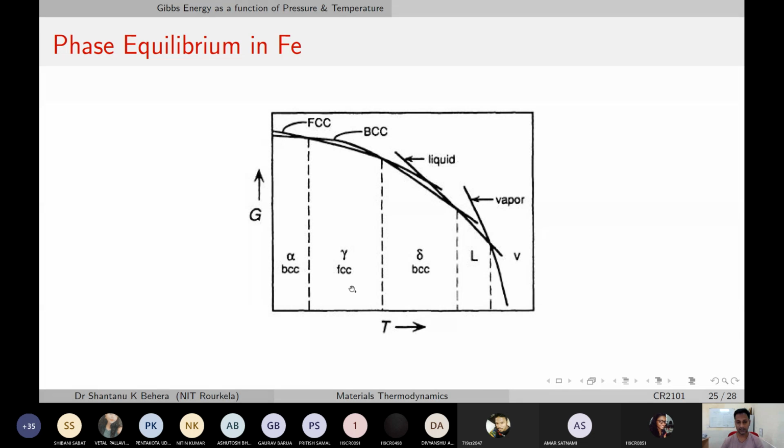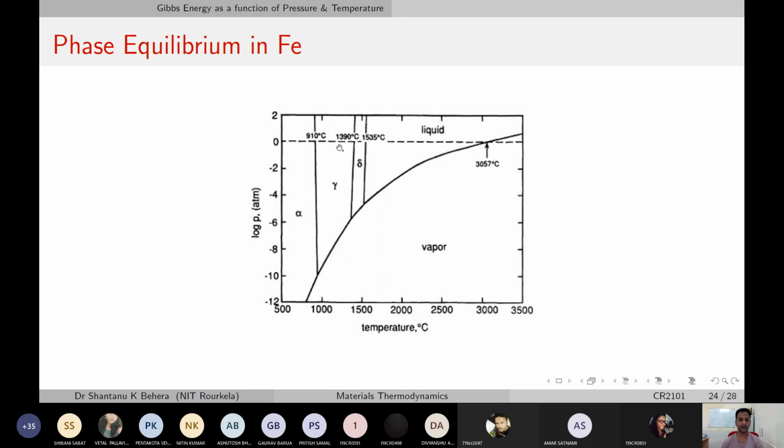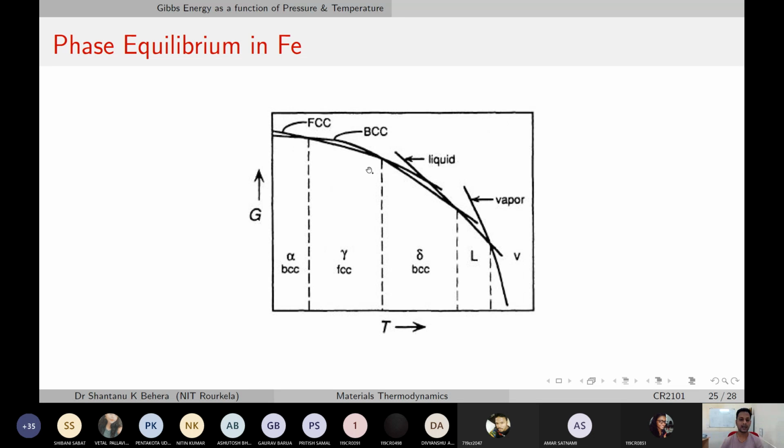And then comes the gamma phase from 910 to about 1400 degrees Celsius, which is stable, it's the FCC phase. That's why it is represented by this lower free energy here.